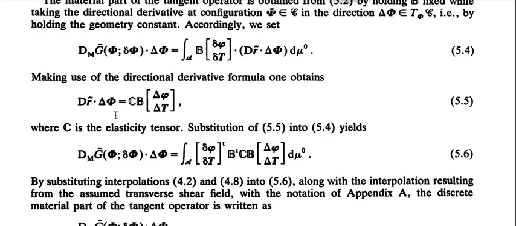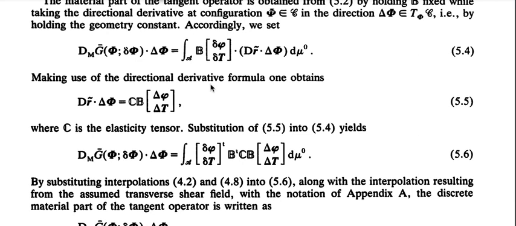So what we get finally as this matrix, as we can see over here, is C B delta phi, and what we get from the first term is C dash B delta phi. So when we combine the terms, we get B transpose C plus C dash B delta phi.